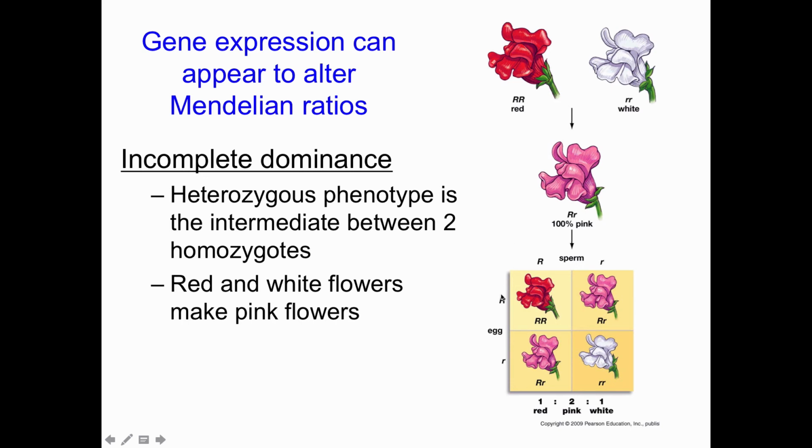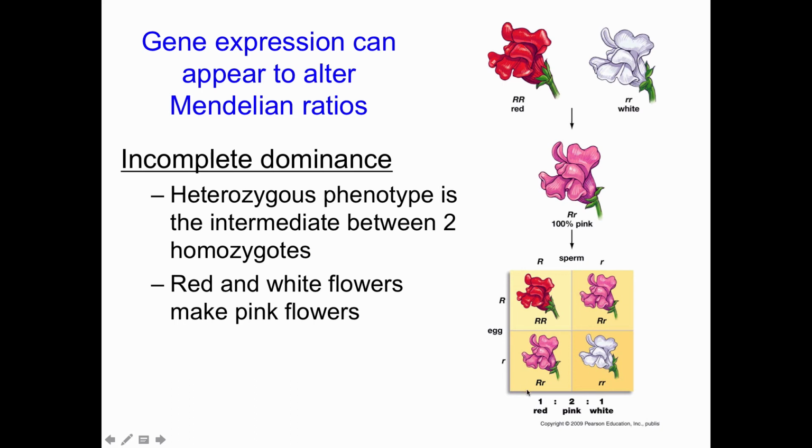And so you can see that when you do their test cross, what we crossed here was 2 heterozygotes, which would be two pink flowers. If you cross 2 pink flowers, 1 of the 4 potentially would be red, 2 would be pink, and 1 would be white.